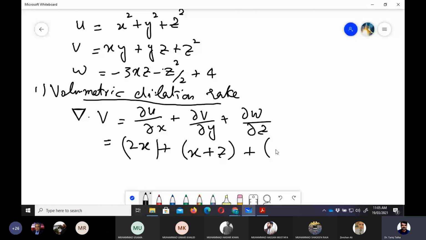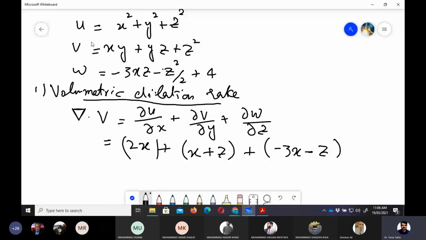That would be equal to partial w by partial z, which would be equal to minus 3x minus z, right? So I hope that you understand how we have written partial u by partial x. We have just taken the derivative and put the values here.